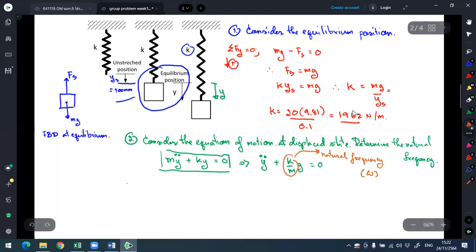This term is represented by omega. So now, this term is omega squared, right? Then omega, the natural frequency, is the square root of k over m.